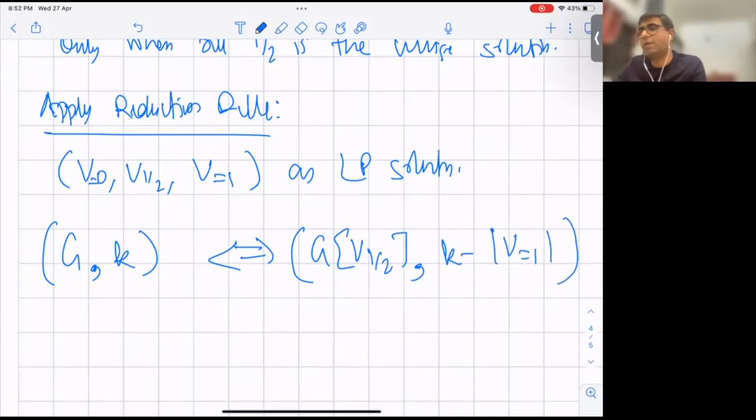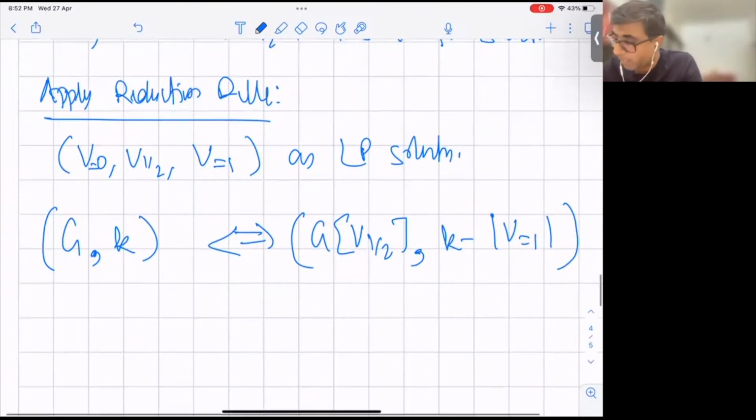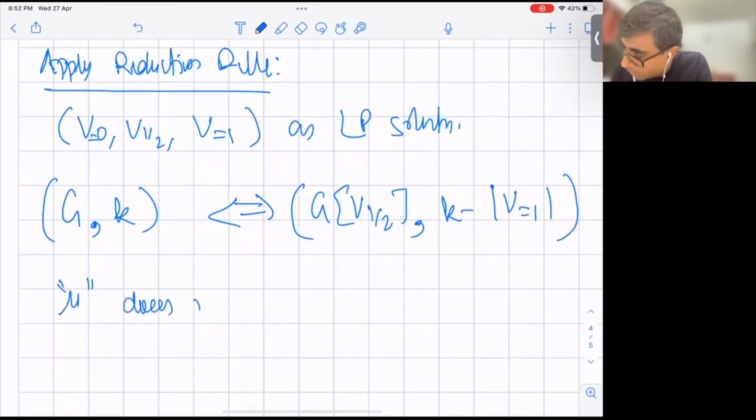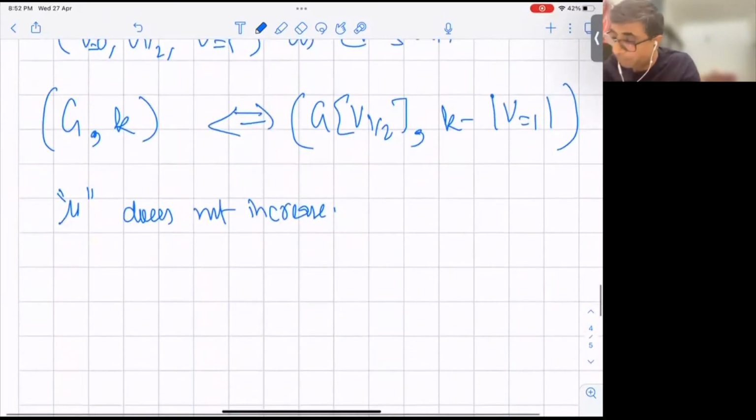This we have already proved. Now, as I told you, when we are applying a reduction rule, it is important to check that the measure does not increase. It could decrease or remain the same, that's perfectly fine. So we have to test this.